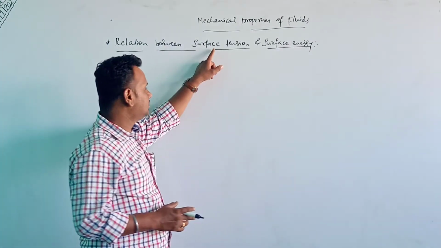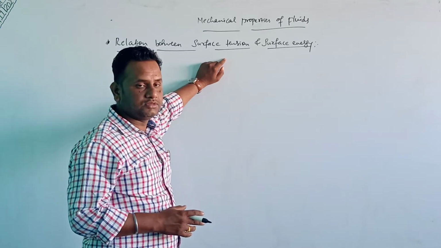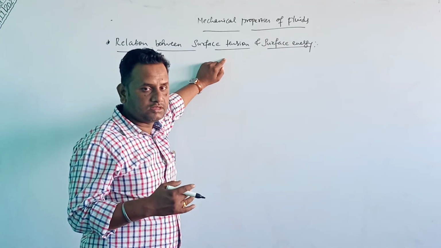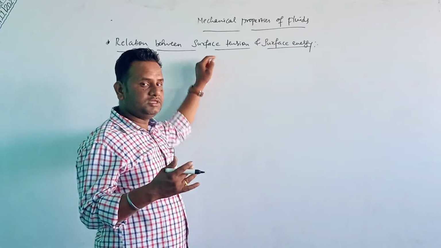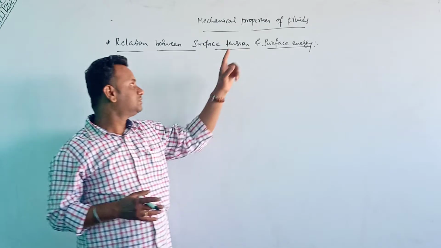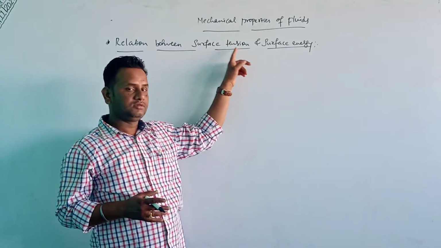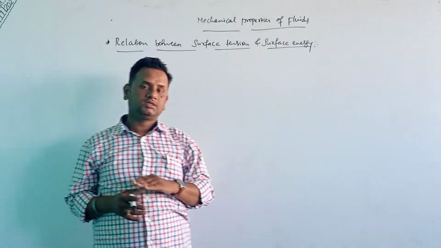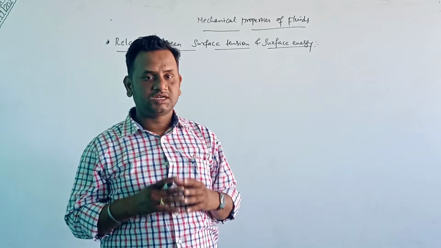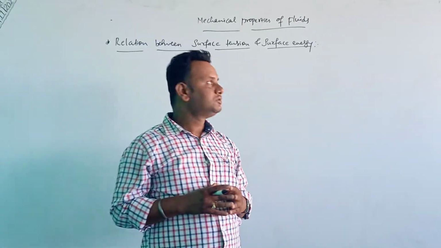So that is called surface tension. For example, insects can stand on the surface of water because of this surface tension. The water surface behaves like a stretched membrane.